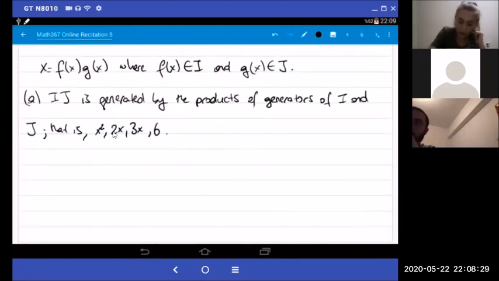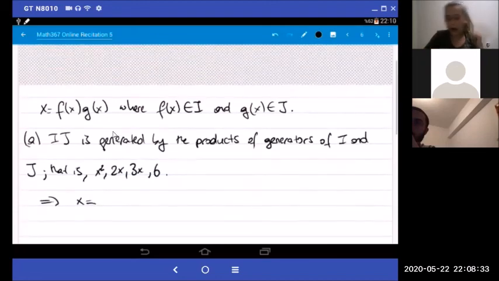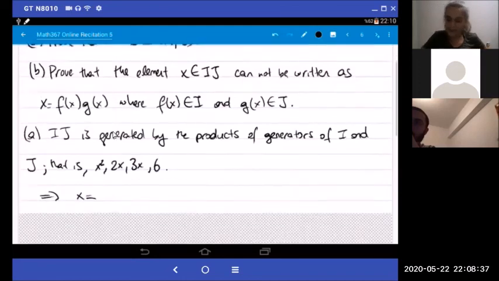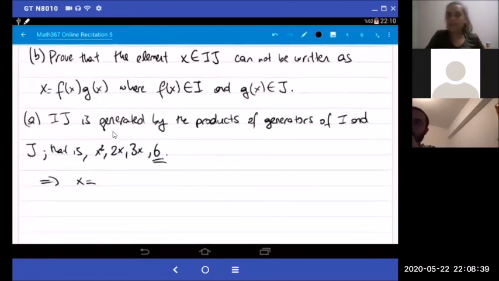Now, from here, our aim is to show that the product ideal is generated by x and 6. So 6 is here. And if you use these two, you can write x as 3x minus 2x. So these two are not necessary.